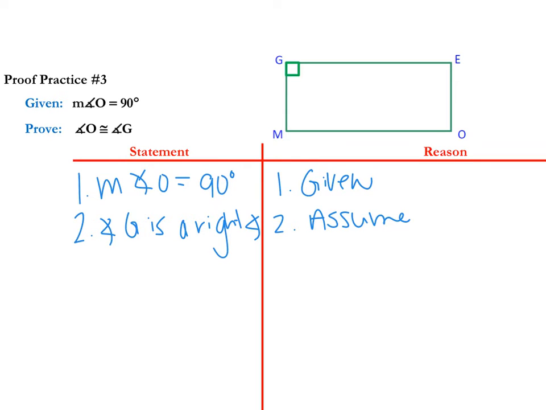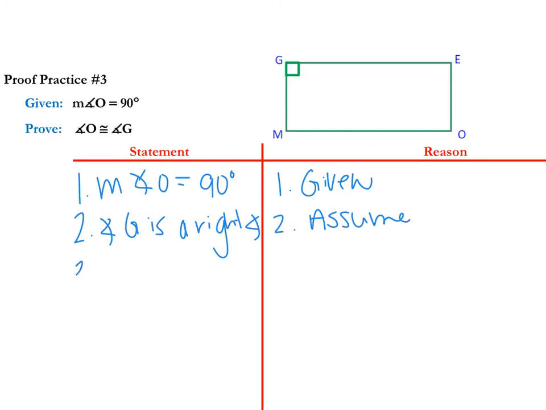Okay. Now there's two ways that we can actually approach this proof. We can then show that angle G equals 90 degrees, because if an angle is a right angle, then its measure is 90 degrees, and then prove that the angles are congruent because the measures are the same. But we're going to use the right angle congruence theorem instead.